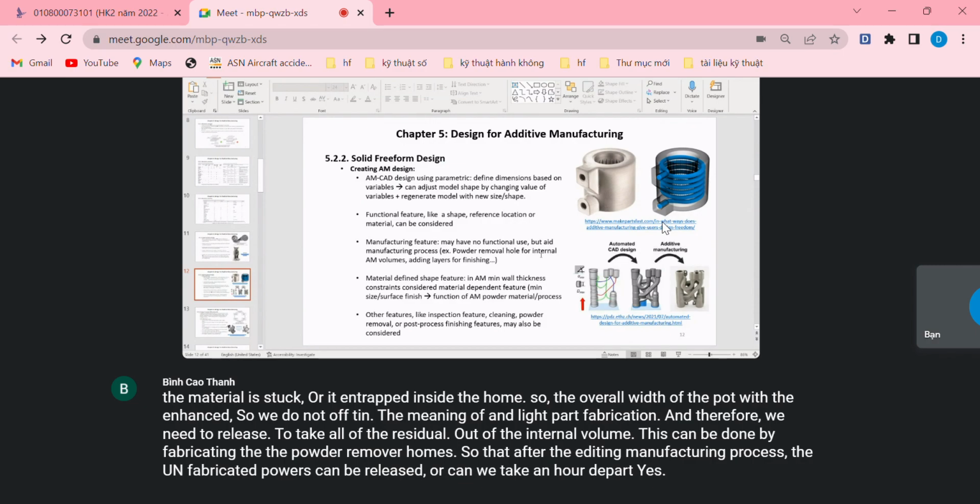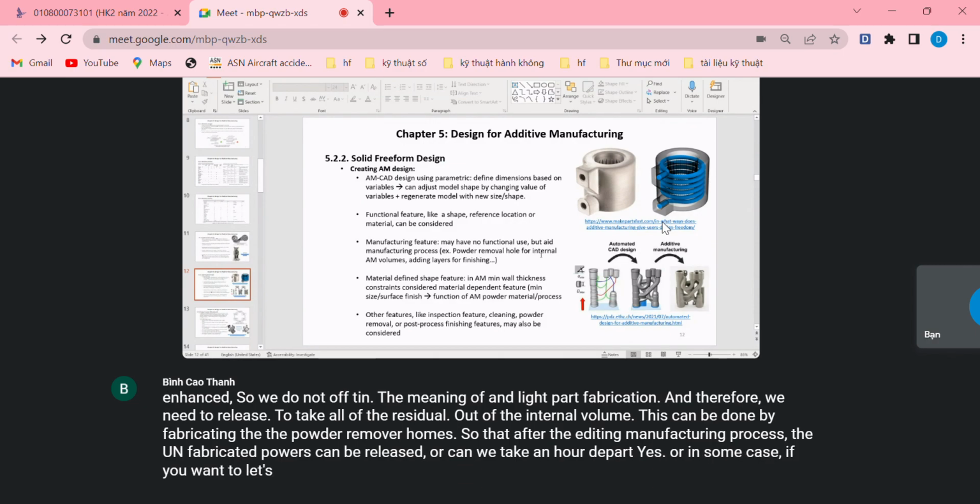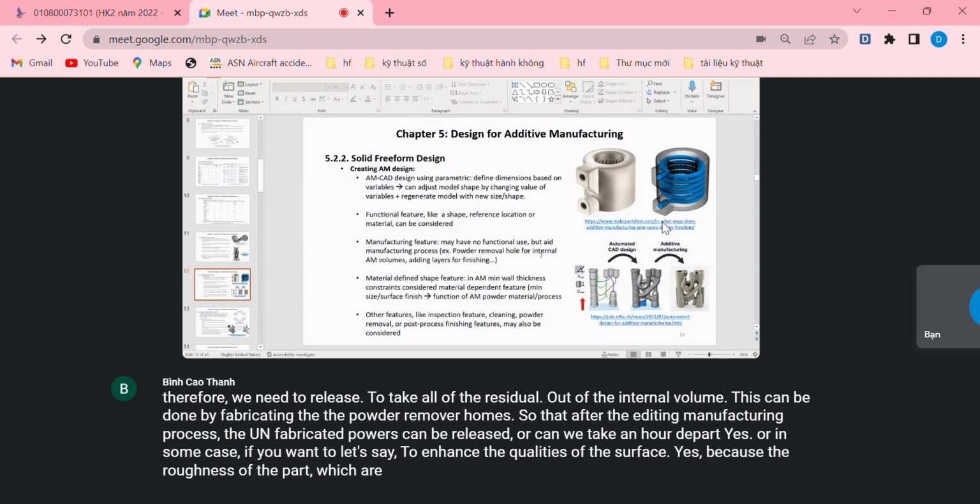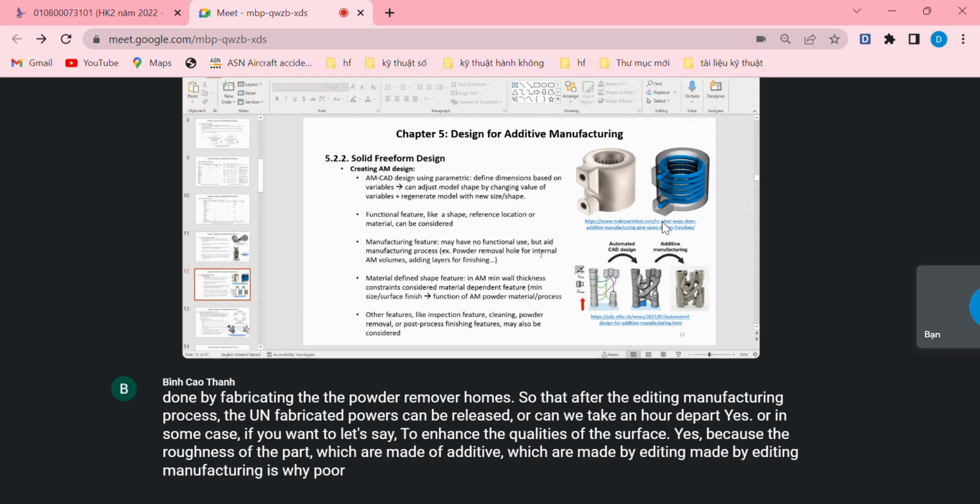Or in some cases, you want to enhance the quality of the surface. Yes, because the roughness of parts made by additive manufacturing is quite poor, just for fun, terrible. And in that case, you need to add additional layers on top of the surface.